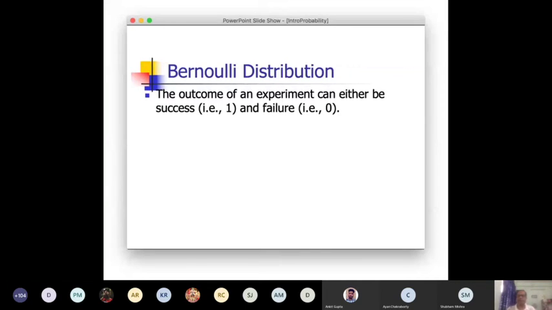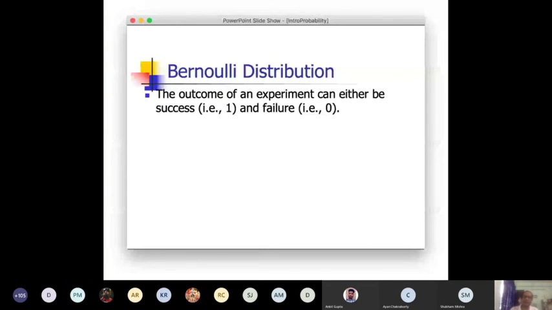Or any other process you can model where there is a binary outcome. Suppose I would like to have a classification task, and either it belongs to a class or does not belong to that class. That is a binary outcome situation.